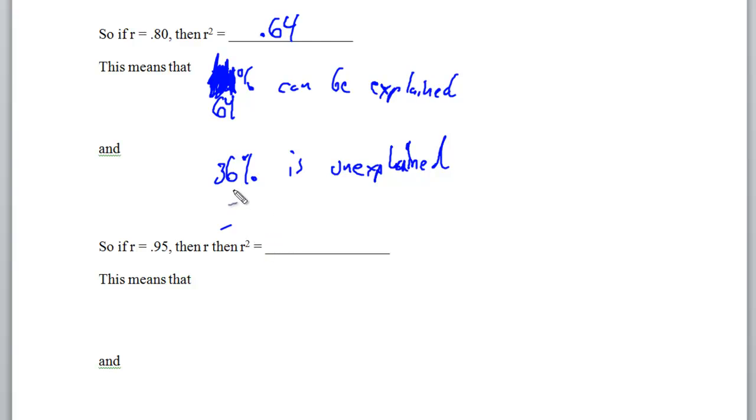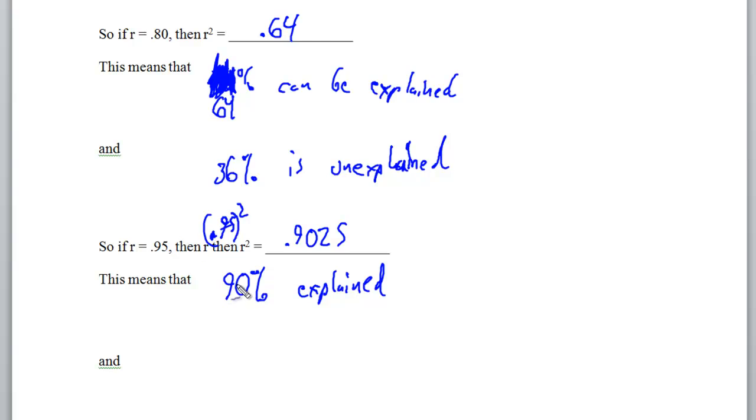Now, when you get beyond 90%, you'll notice that this coefficient of determination gets a lot better. So if I take my 0.95 and square it, what I then get is 0.9025, which means that 90% can now be explained by whatever thing you were doing. Was it a drug that had a 95% correlation?